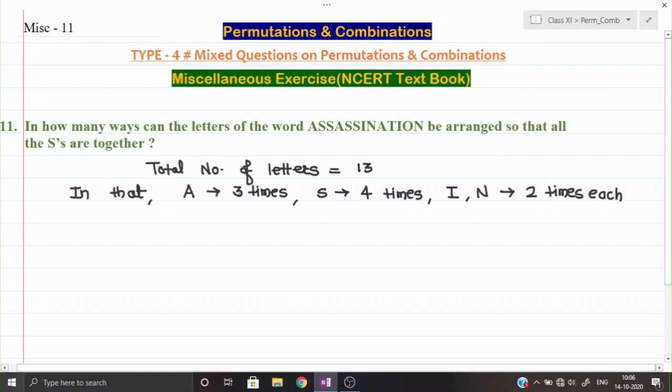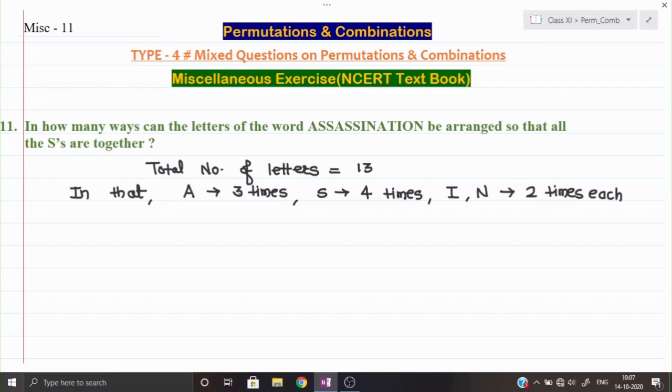Now remember, in the word Mississippi, how did we find the required answer? First we found the total number of words formed with the given word, and from that we subtracted those words where the I's were coming together, because in that question they were asking for the number of words where the I's were not together.